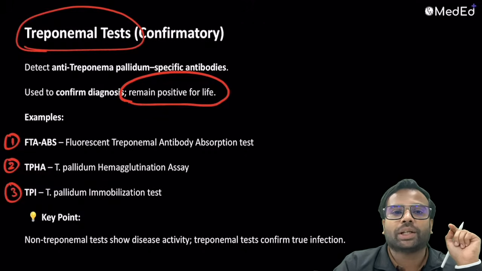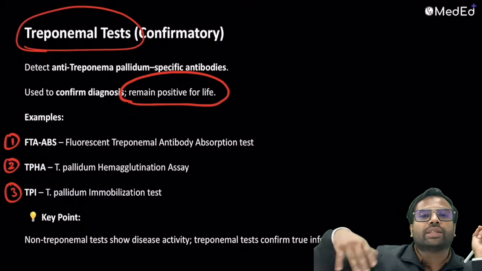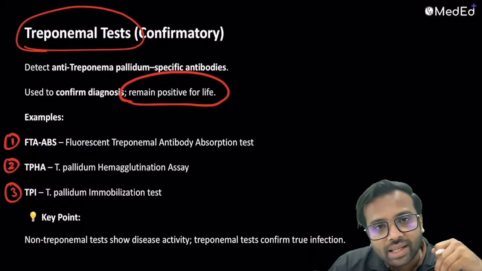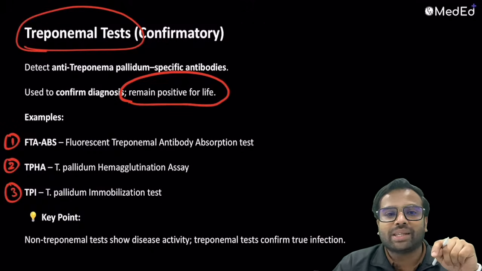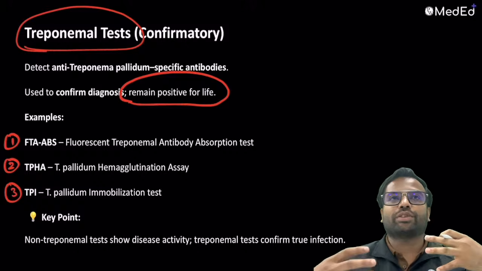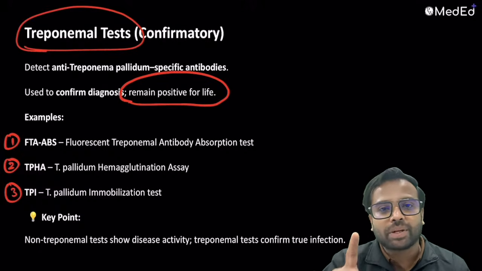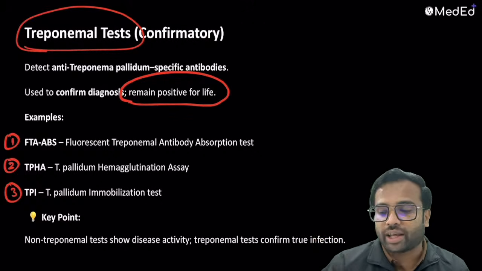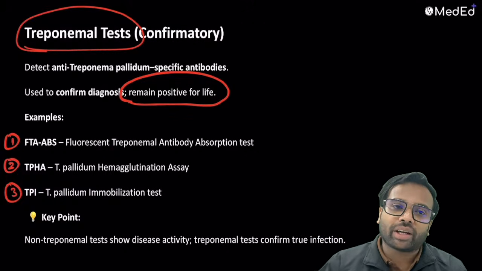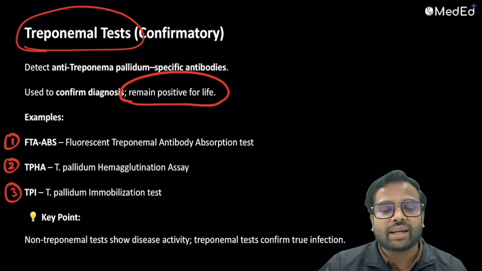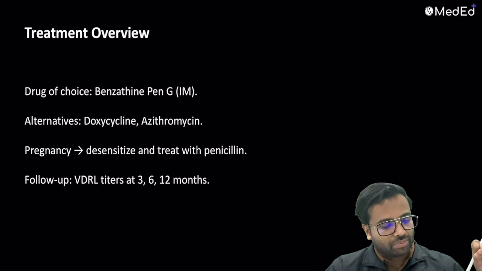It's a very, very important thing. Even if the patient had syphilis in the past and has taken treatment, still when you do an FTA-ABS or TPHA, this patient is going to remain positive for life. So that is an important point regarding the treponemal tests like FTA-ABS and TPHA.